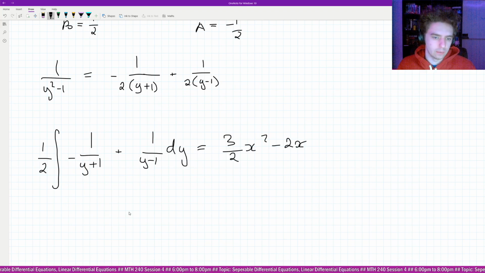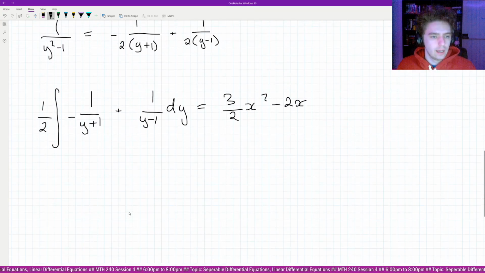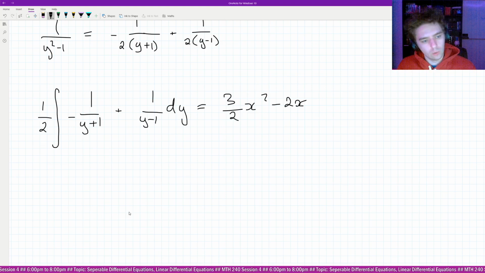We don't have to worry about plus c because we still have an integral over here to do. So now I will integrate this.